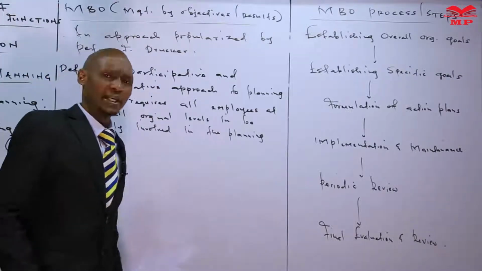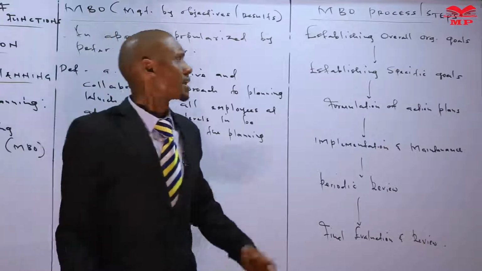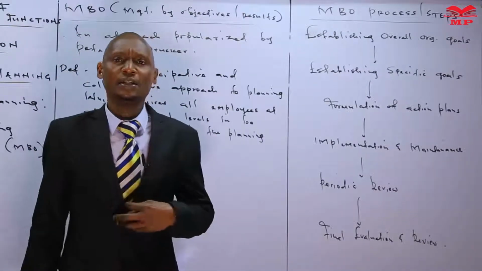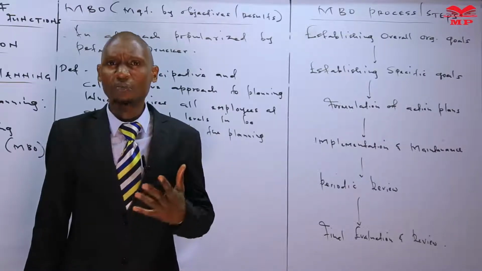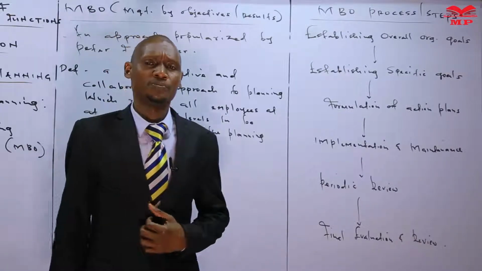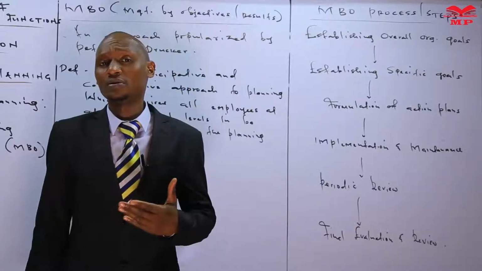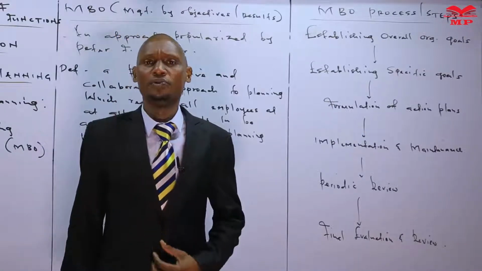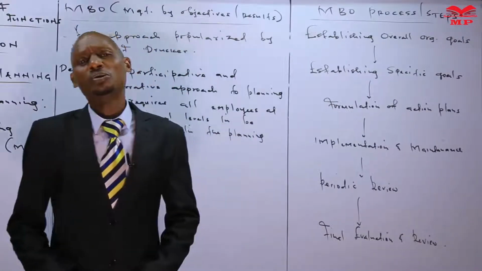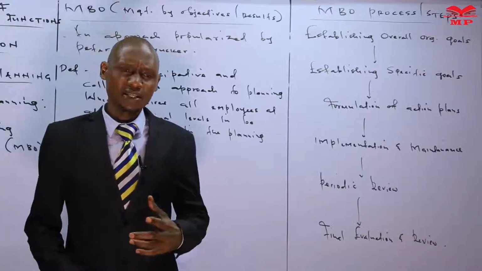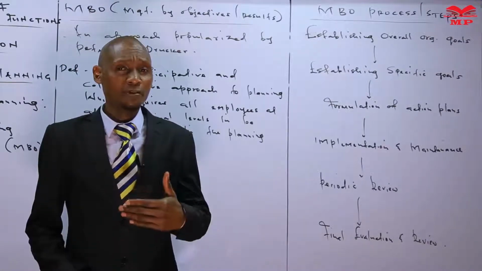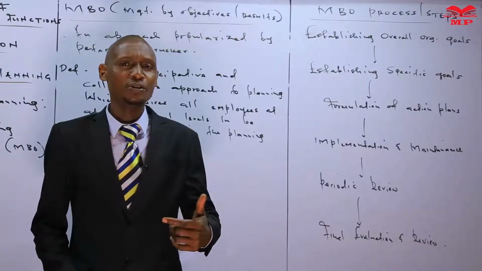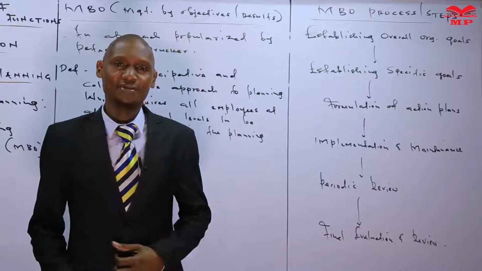What does each step entail? Basically, the first step, when we talk of overall organization goals, this is the main goal or basic goal of the organization. What the organization as a whole seeks to achieve in the future. So this first step requires that the top level management, not on their own, but in collaboration with other managers.